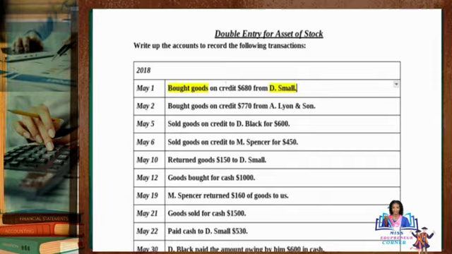And then the creditor account, which would be D Small, would be credited to show an increase in liability, as the firm now owes D Small. So we need to debit the purchases account and credit D Small's account.